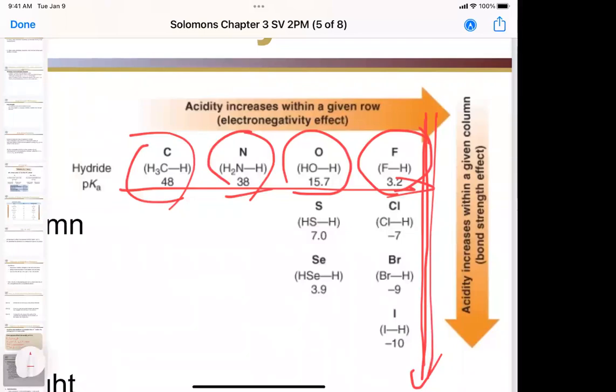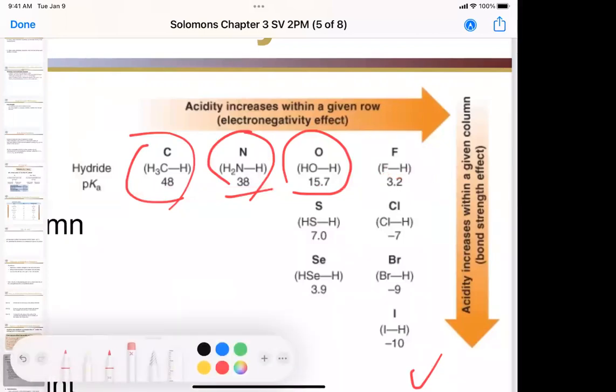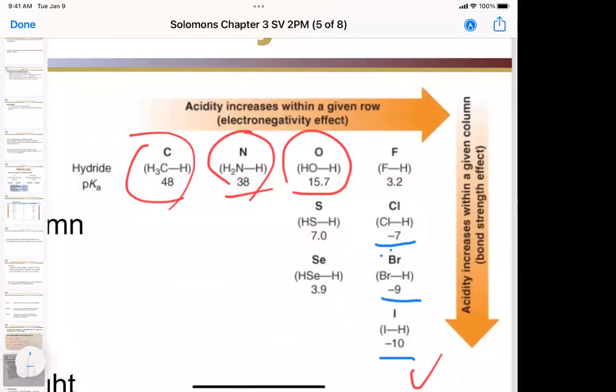We can compare everything in a row and say, look, this is 3.2, that's barely even acidic. It's not even a strong acid. But then it goes to 7, 9, and then iodine being the most acidic at -10, okay? And that has everything to do with the size of it, not the electronegativity.